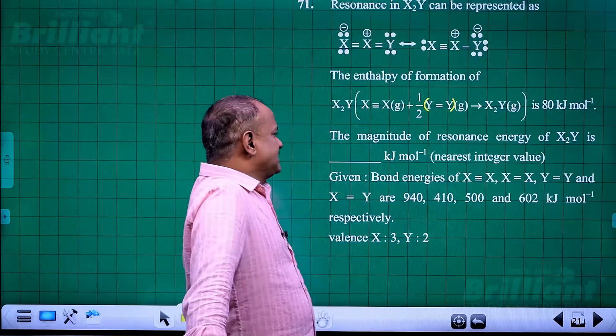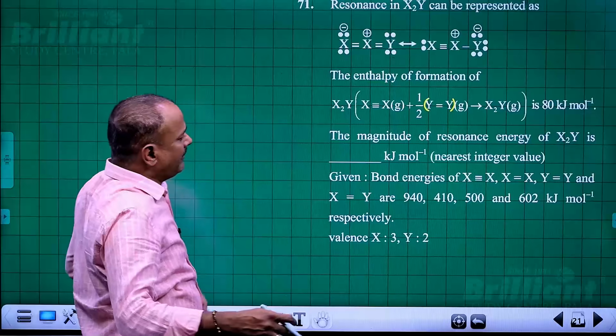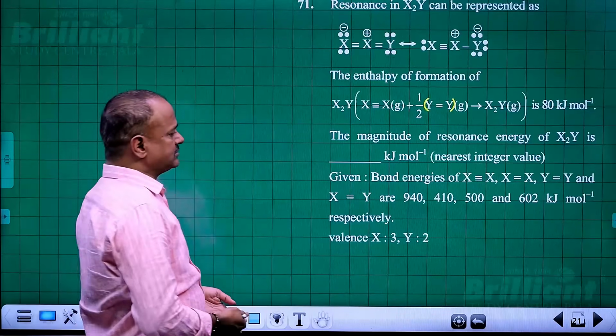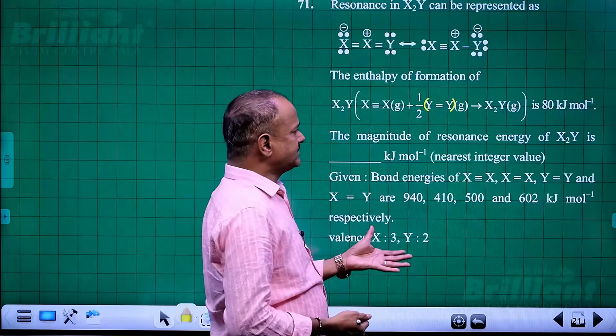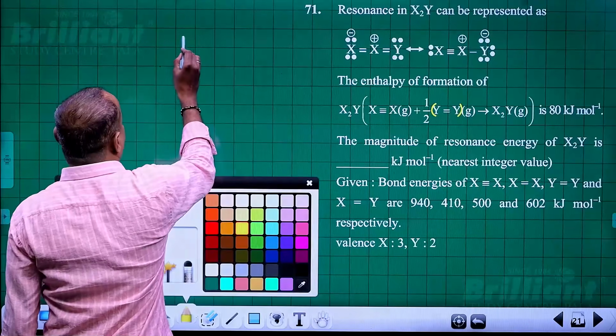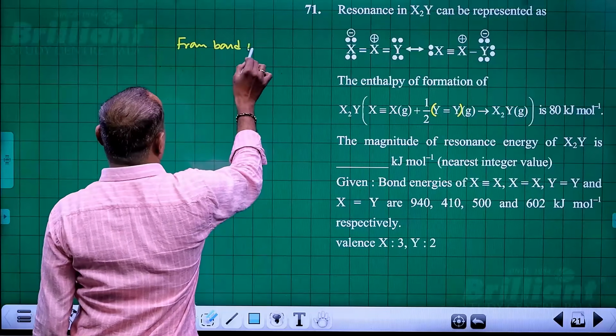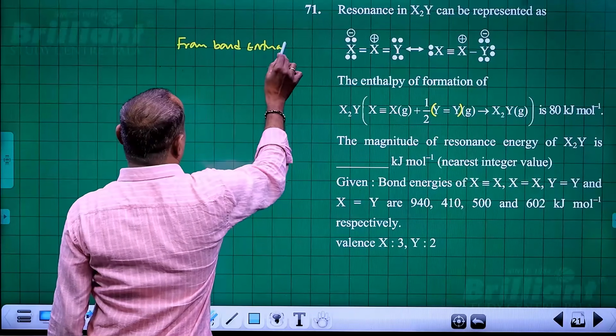The magnitude of resonance energy is dash kilojoule per mole. So the enthalpy of formation is already given, 80 kilojoules, and bond enthalpy is also given. That means this is the experimental value. Now check the theoretical value from the bond enthalpies.